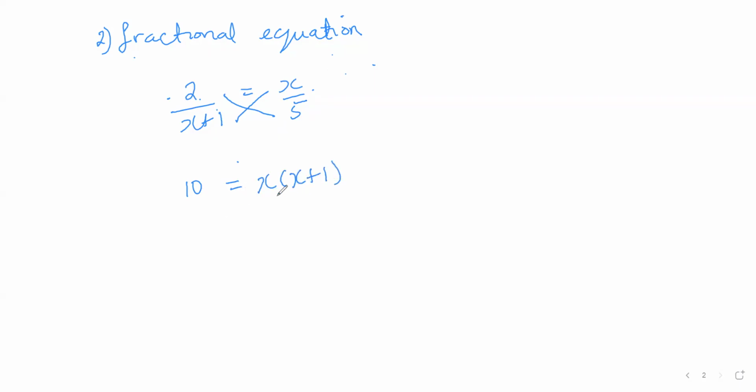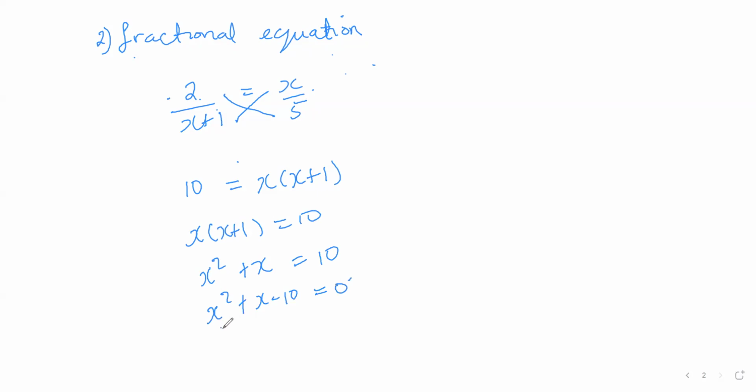Then it reduces to x times x plus 1 equals 10, which is x squared plus x equals 10, which is x squared plus x minus 10 equals 0.